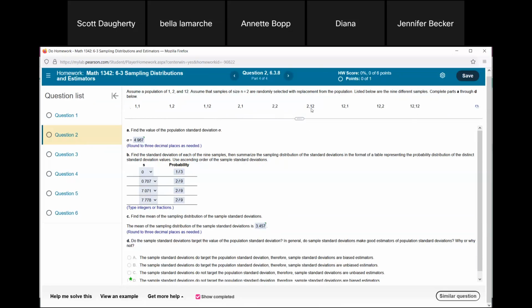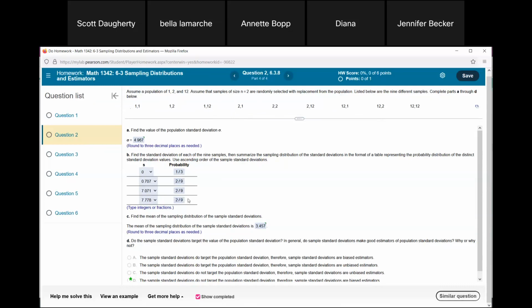Again, the way you're calculating this, you're putting a 2 and a 12 into the L1, and then you're going to one variable statistics and looking at the sample standard deviation, S sub x. And you're going to get 7.071 for 12 and 2, or 2 and 12, both of them. That's why it's 2 out of 9. And then the largest will be from 1 to 12, and apparently that's about 7.7, and that happens with 1, 12 and 12, 1, right? Happens 2 out of 9 times as well.